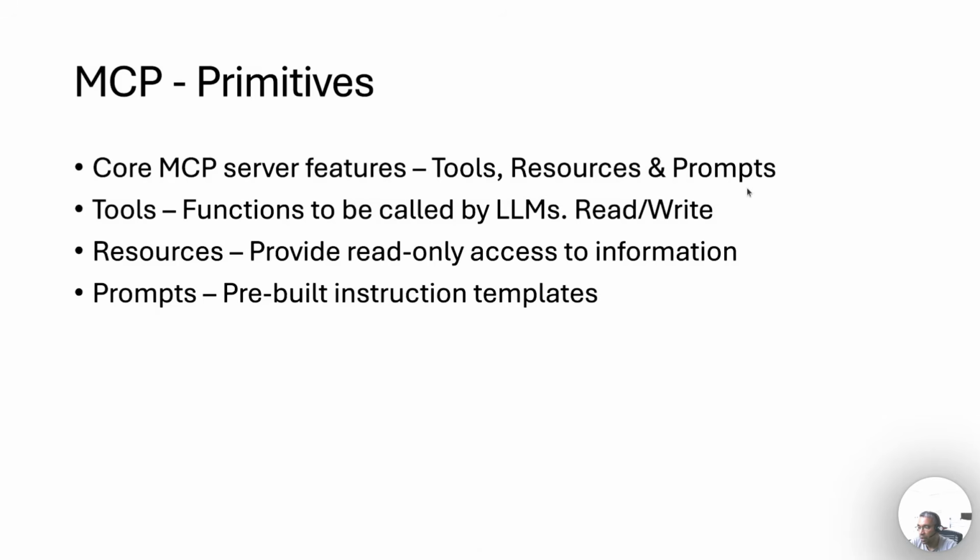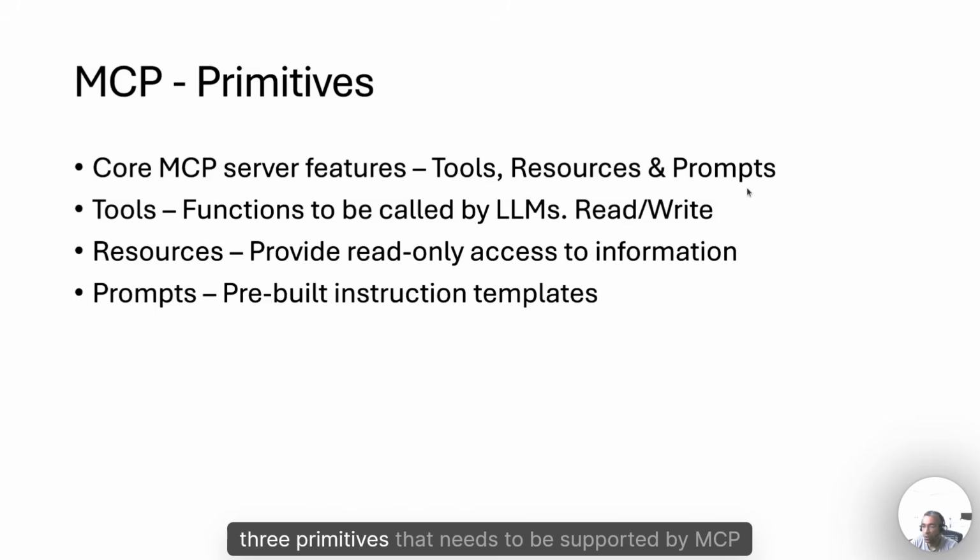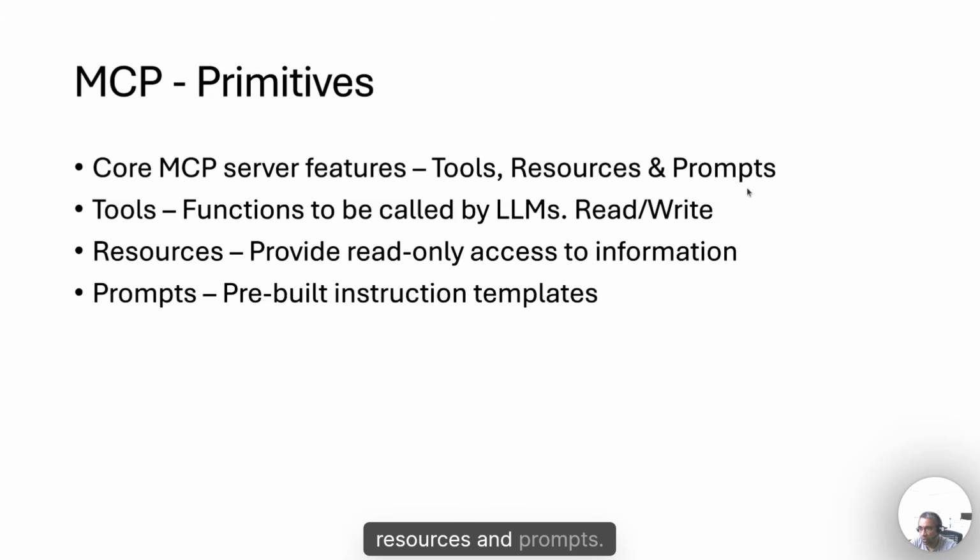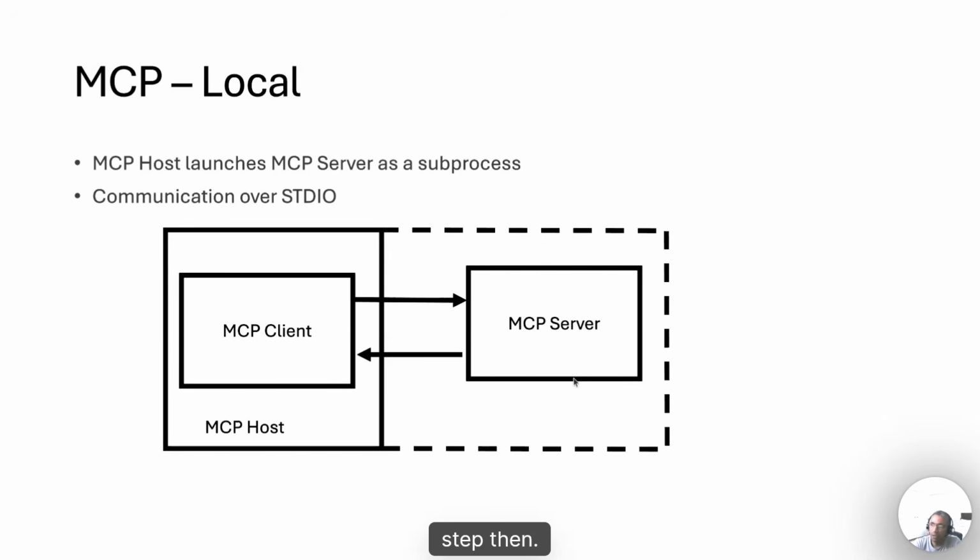And finally, we need to have an idea around these three primitives that need to be supported by an MCP server: tools, resources, and prompts. Okay, so now I hope you have a good understanding around the most important points of this protocol definition. Okay, let's go to the next step then.